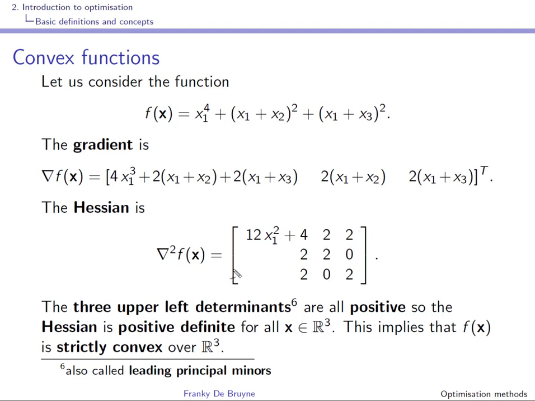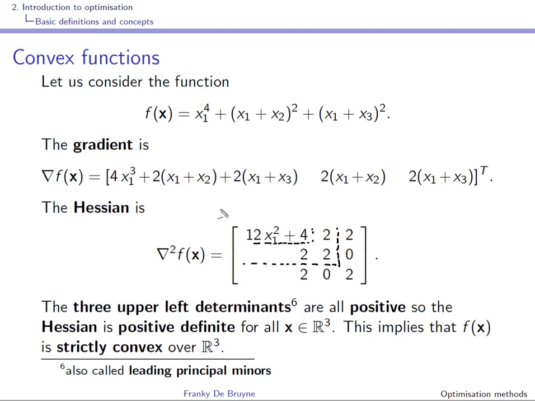We have to check that this function is positive semi-definite, but here in this case, the upper left determinants, also called the leading principal minors, so the determinant of this matrix, this determinant over here, which is a scalar, and this determinant, you can check that they are all positive. So this Hessian is actually positive definite for all x in R cube. So this means that this function is strictly convex.